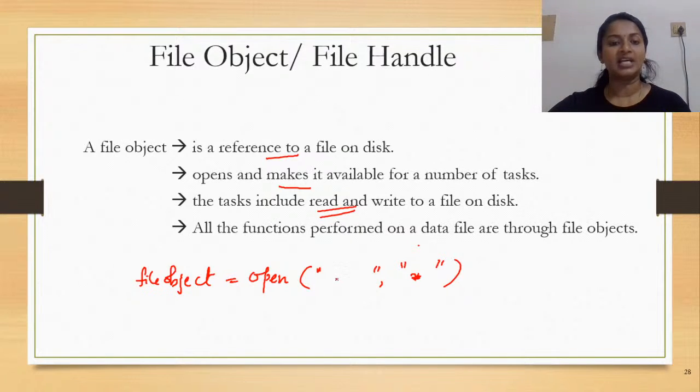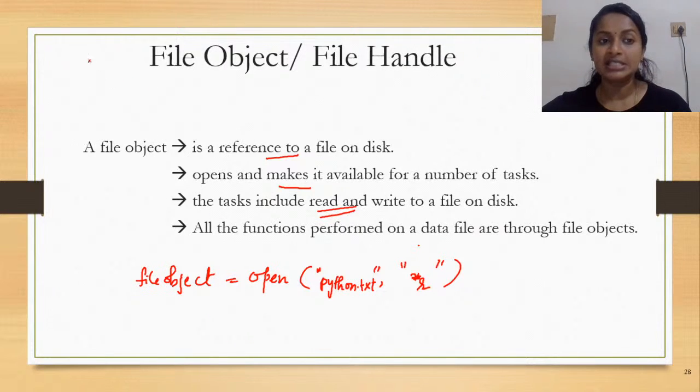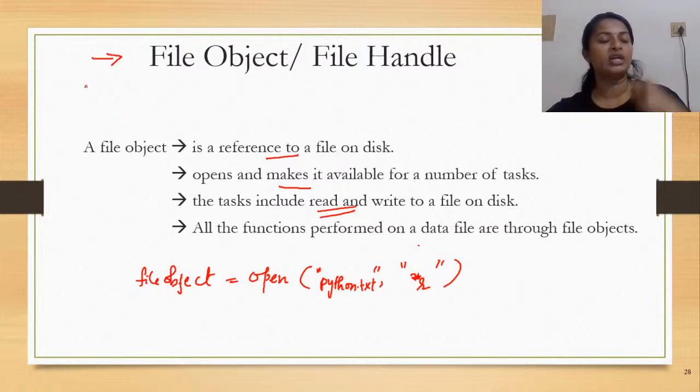So these are the things you write, and this is how you open a file. Now imagine that the file is python.txt, and you are trying to open it in the read mode. Imagine that the slide you are seeing right now is your python.txt. So this is your first line of the file, right? The file object is a handle, and it is actually pointing to the very first line of the file, because it is opened in the read mode.